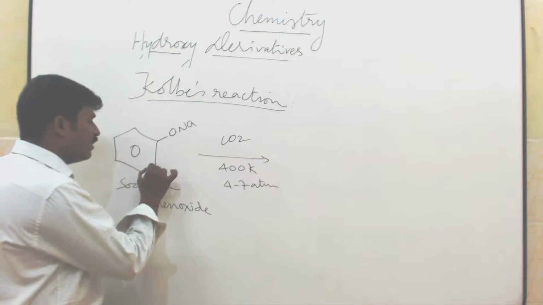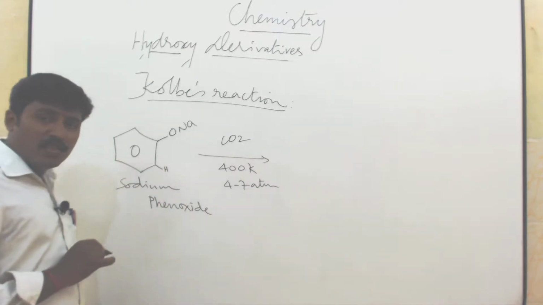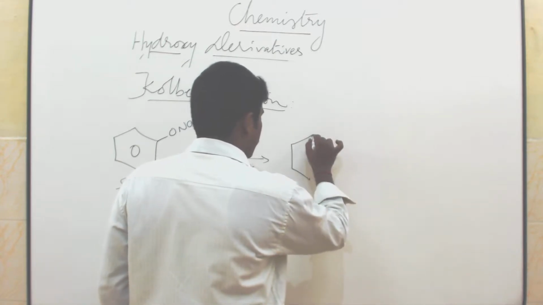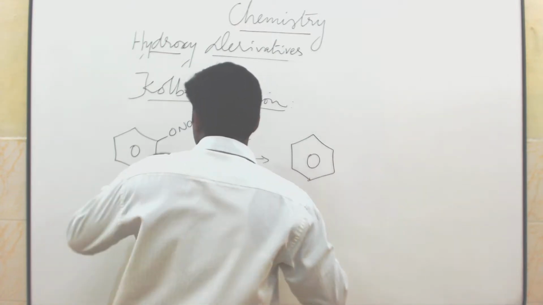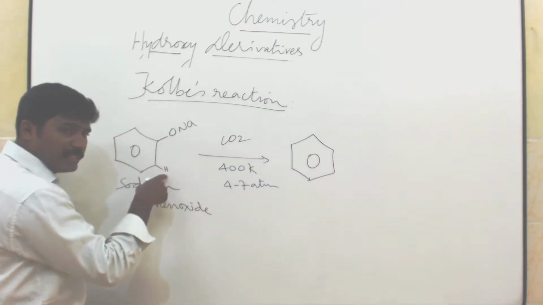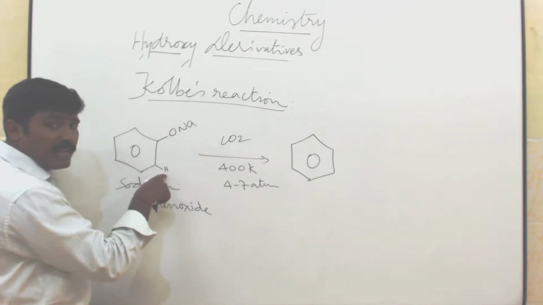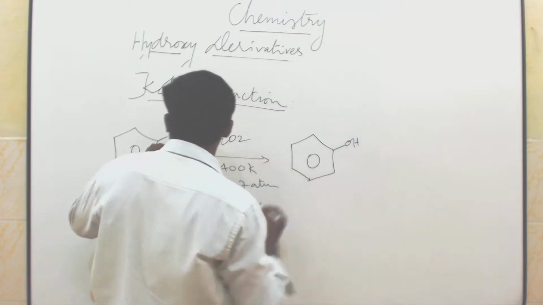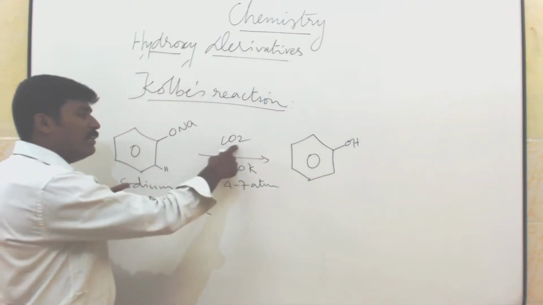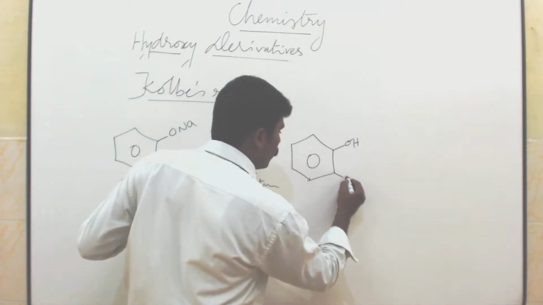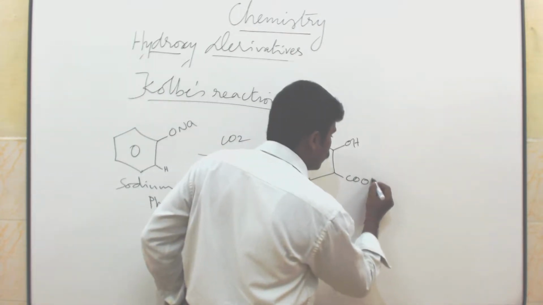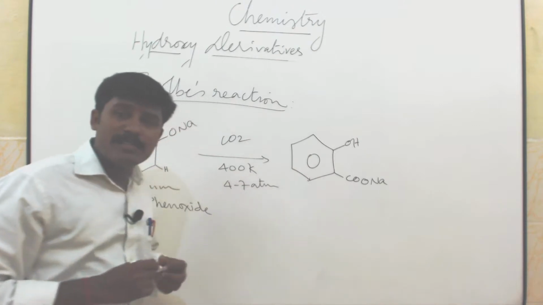See here, in this benzene ring, this O and this H combine together to form OH. Which group are we going to add? The COO, CO2 group. What remains here is Na. So COONa, you able to understand?